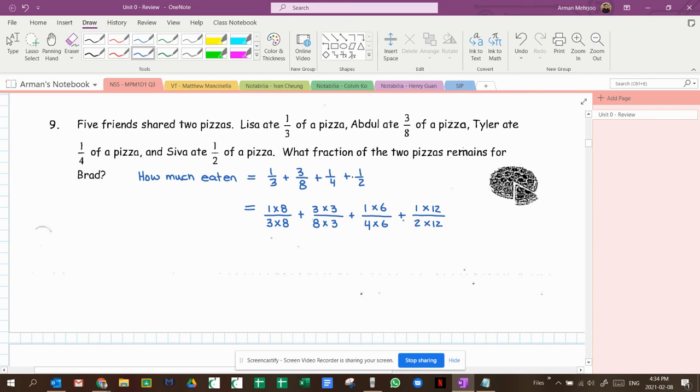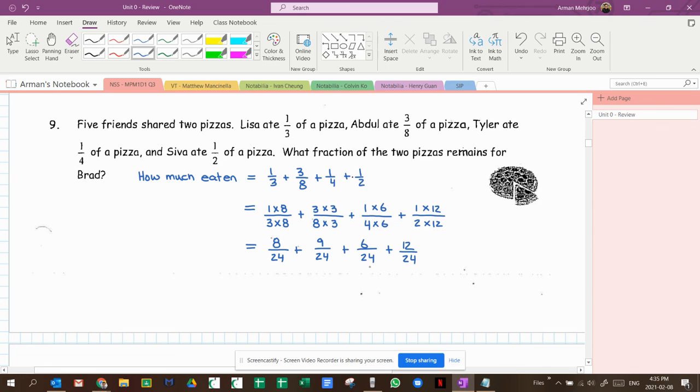So I have a little bit of simplifying to do here. So let me do some simplifying. 1 times 8 is 8 over 24. 3 times 3 is 9 over 24. 1 times 6 is 6 over 24. And 1 times 12 is 12 over 24.